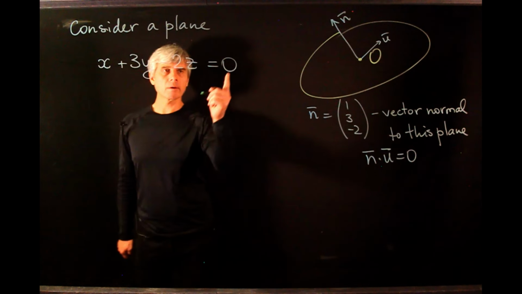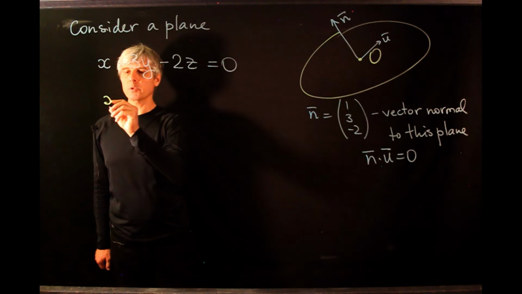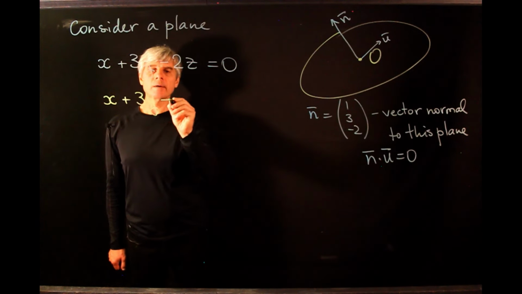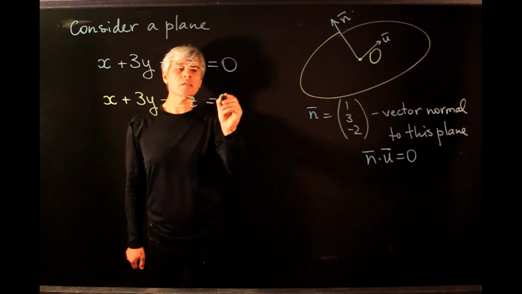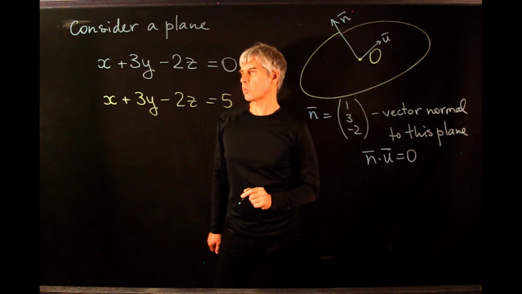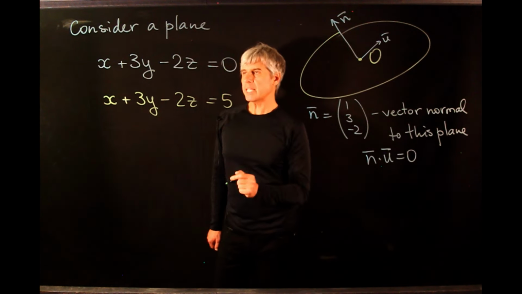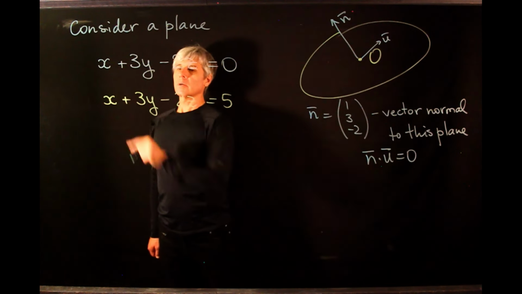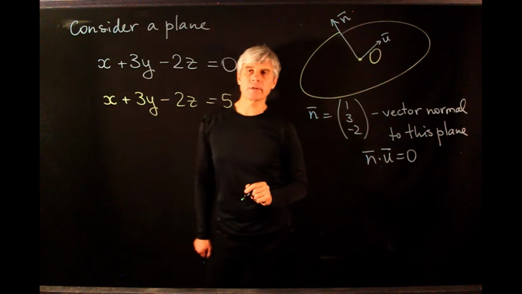Suppose now the right-hand side is not 0. Suppose we have another equation, x plus 3y minus 2z is equal to 5. So what can we say about these two planes? These two planes are parallel, and the way to see it is that suppose we just take these two equations together.